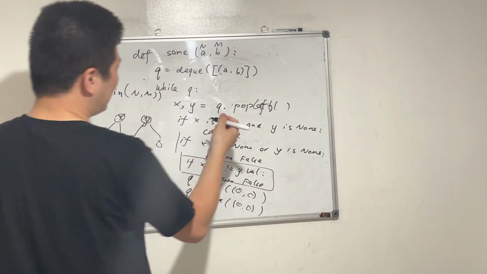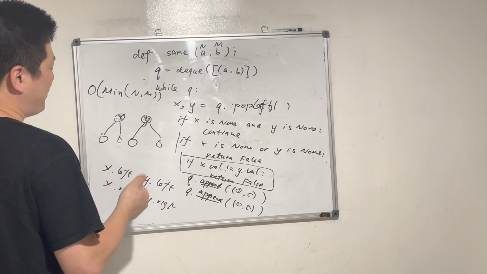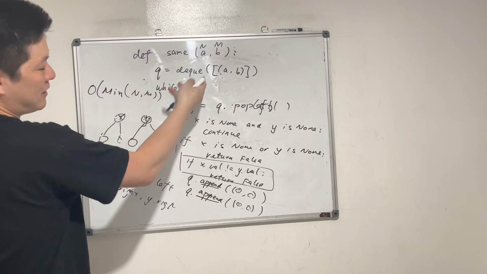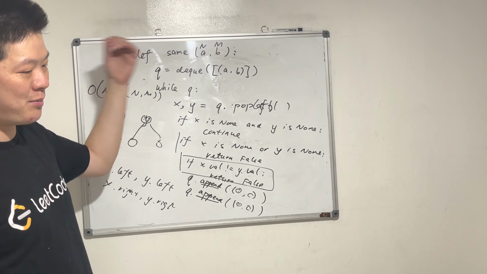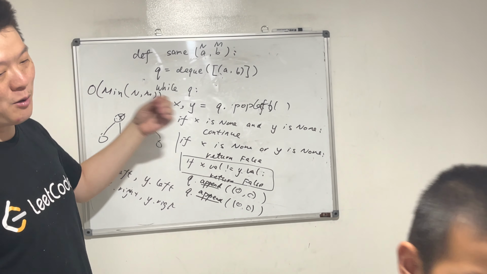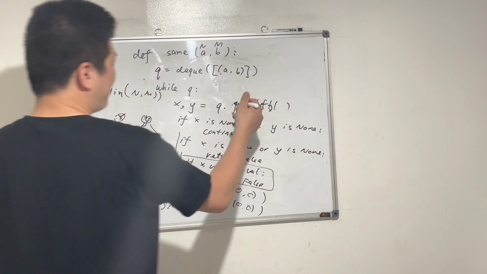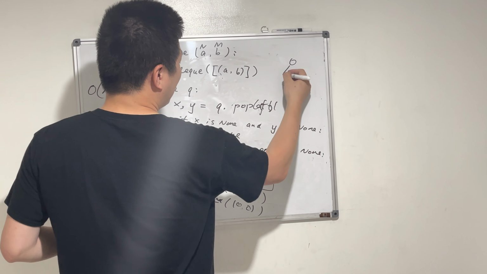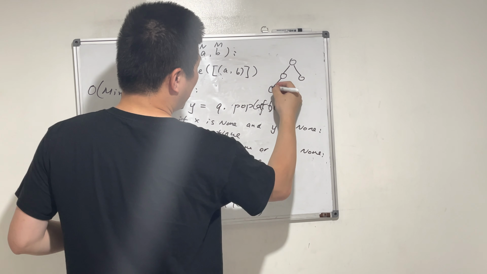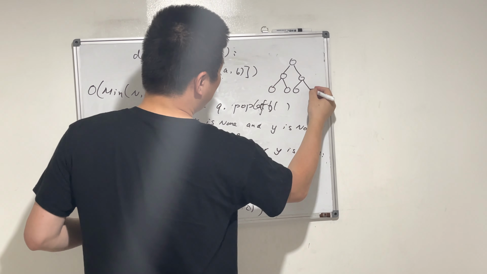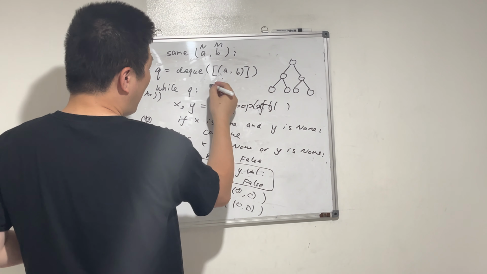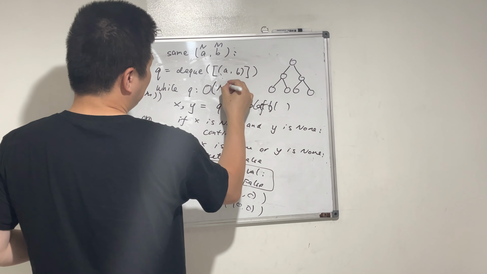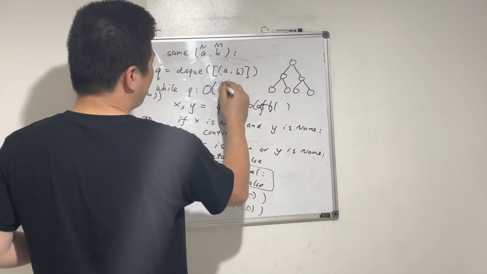In the worst case, it's a bit tricky because as we said, this is a binary tree, right? And every time we keep pushing and then popping, right? So the node would be O(n), plus n, right?